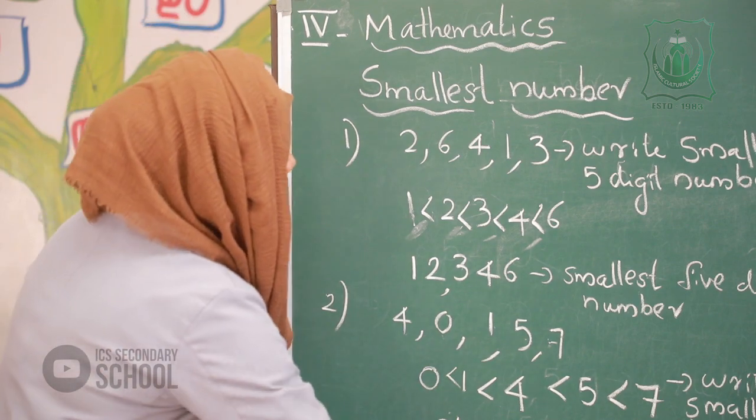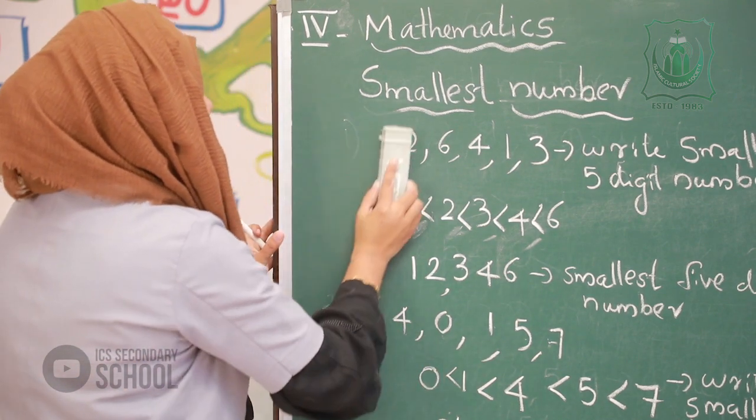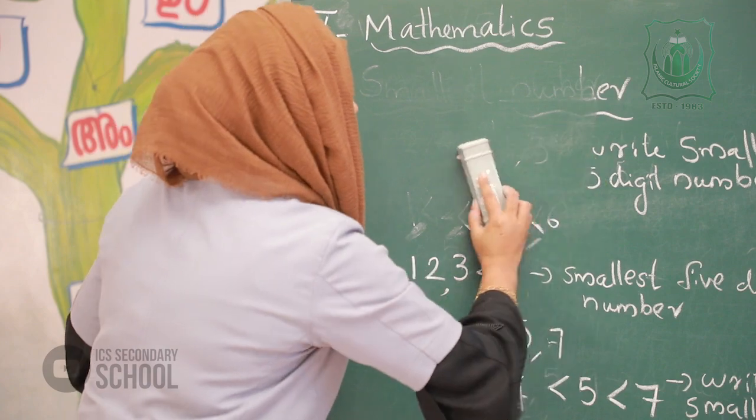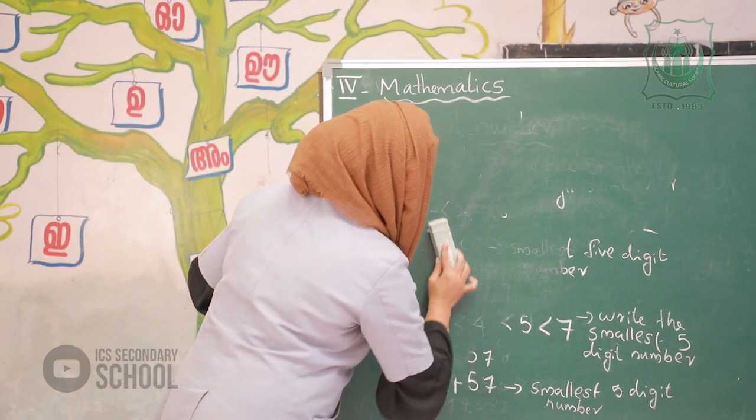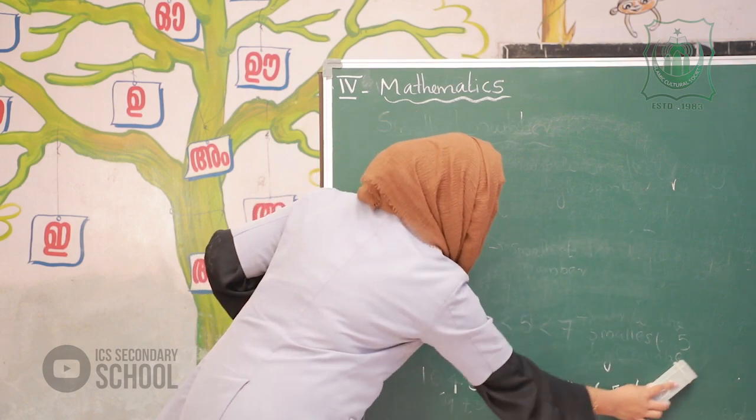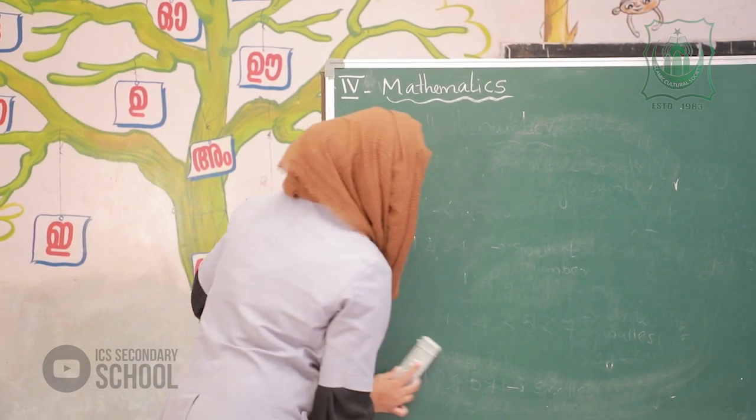Okay, so I will give an example with both. You have to form both the greatest and the smallest number. So you got an idea about that.